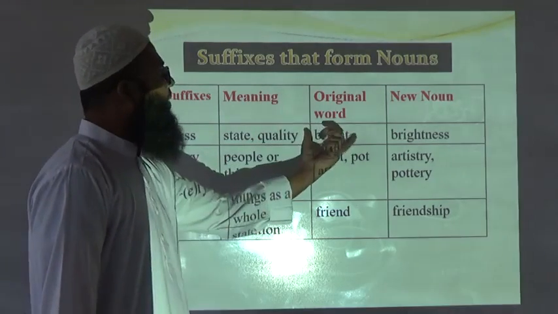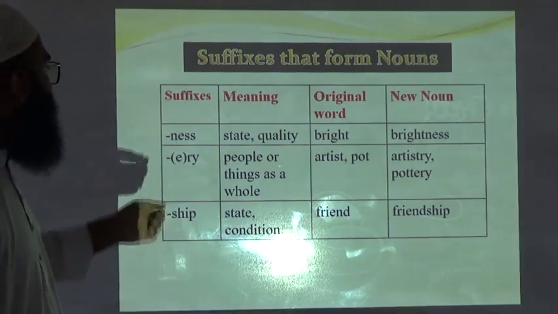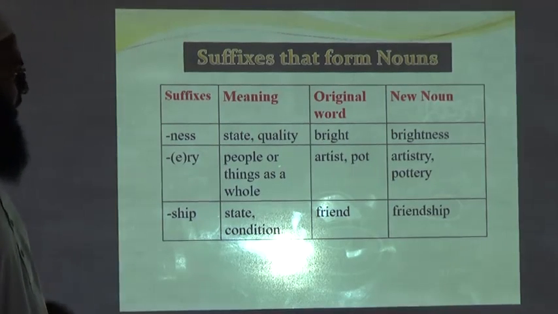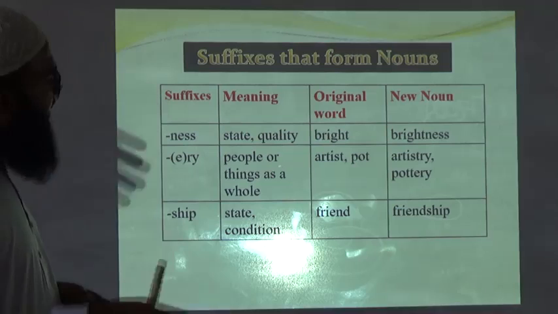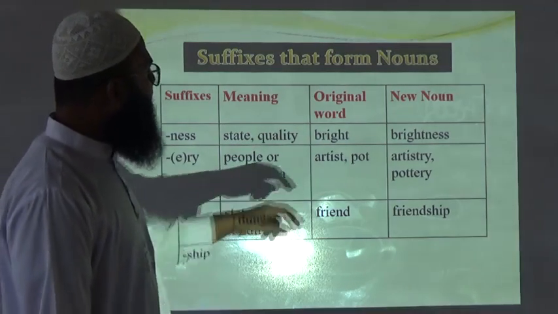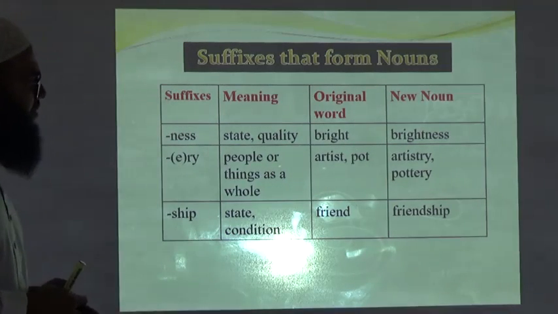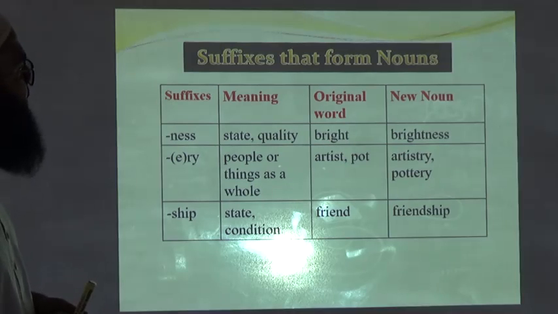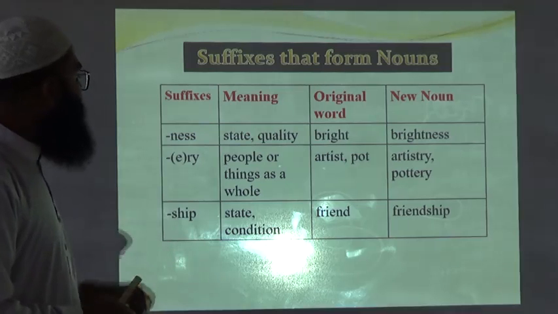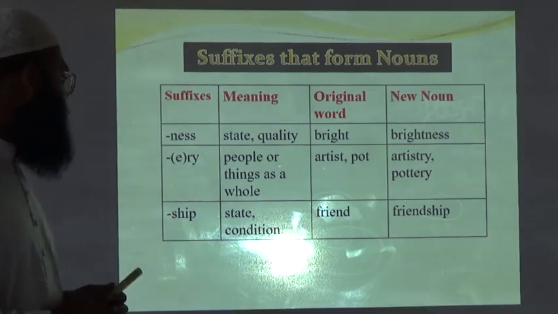Bright is the adjective, brightness is the noun. ERY, people or things as a whole, like artist to artistry. SHIP, state, condition, friendship, the relationship.